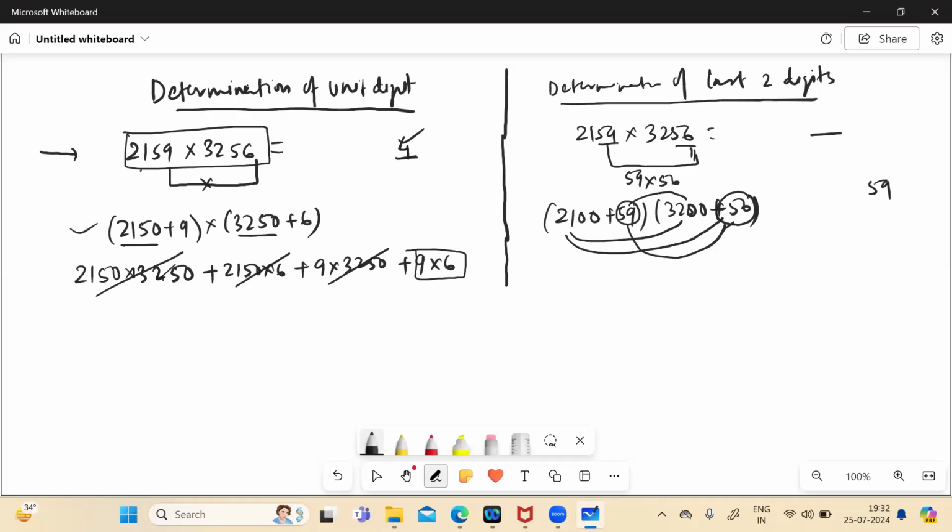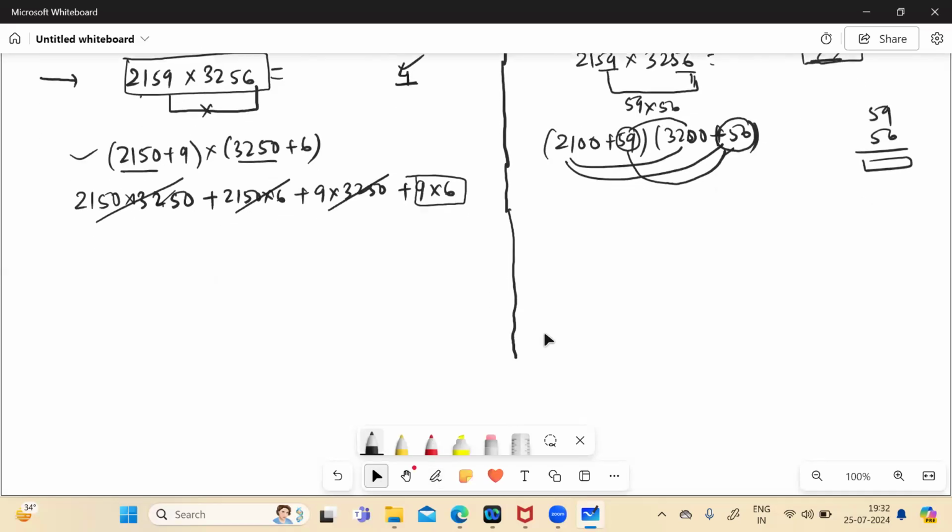So whatever the last two digits of 59 into 56 are, we'll get the same last two digits at this place. Okay. So this is a basic concept, a basic understanding of determining last two digits or unit digit.